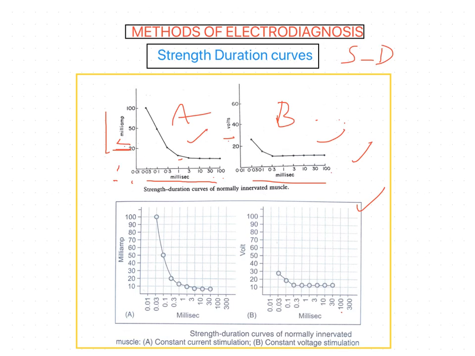The first stimulus given is the longest, that is 100 milliseconds. We can start from 100 milliseconds or 30, and then increase the current until the minimum observable contraction is obtained.